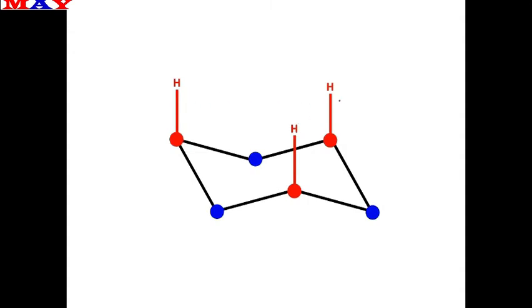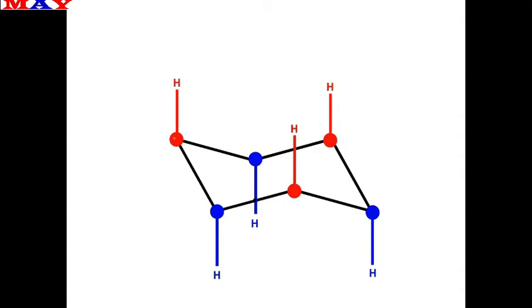So these are three axial hydrogens on the upper carbons. On the lower carbons, we will also draw axial hydrogen in the down position. They are going down. So we have got these six hydrogens which are axial hydrogens.